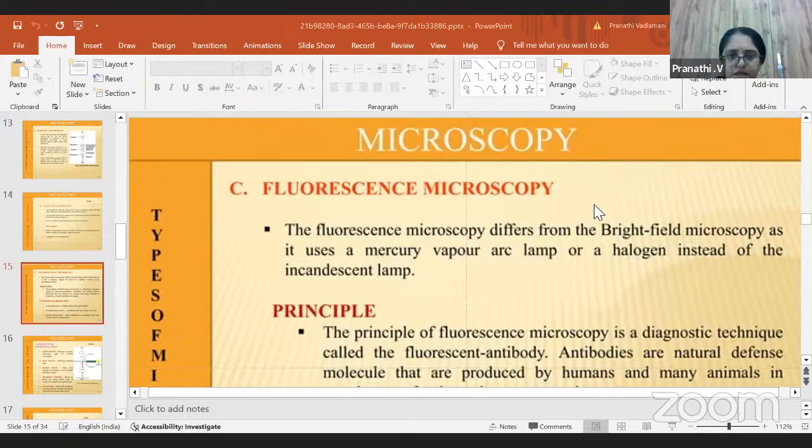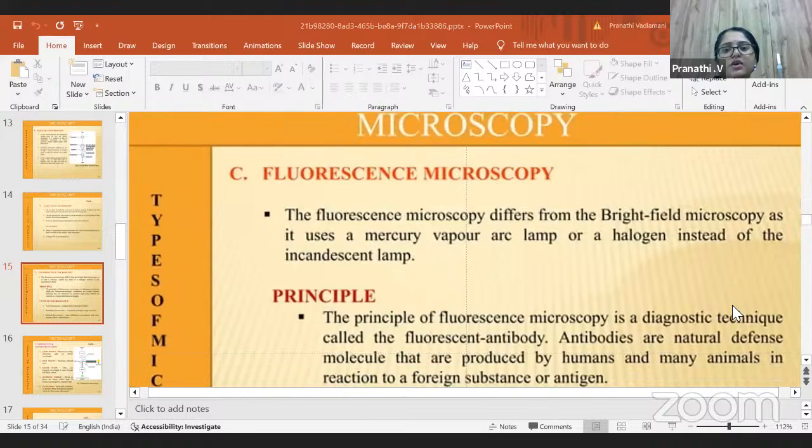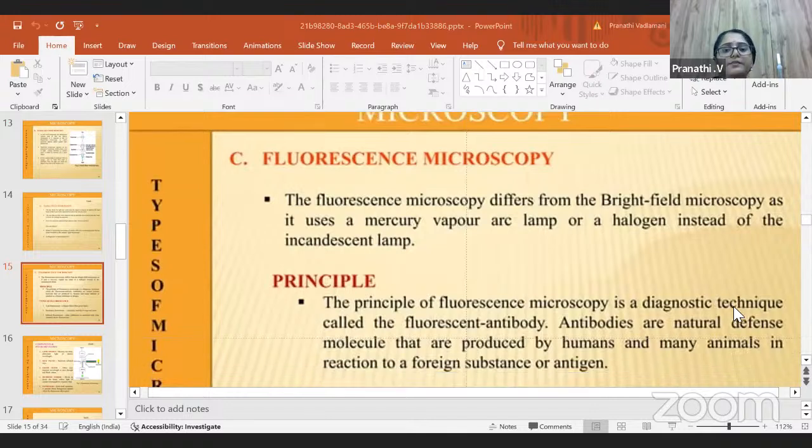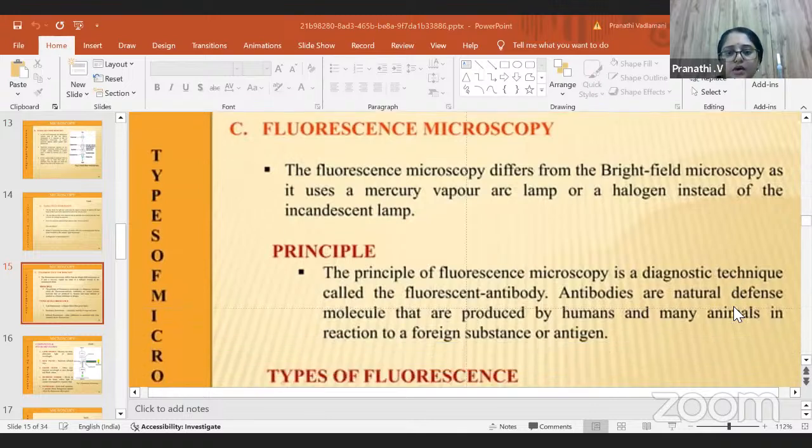When it comes to fluorescence microscopy, you're going to see that it again differs from both the bright field and the dark field microscopes. What is going to happen? You have a mercury vapor arc lamp, or you're going to use a halogen lamp instead of the incandescent lamp. So what is happening in fluorescence microscopy?